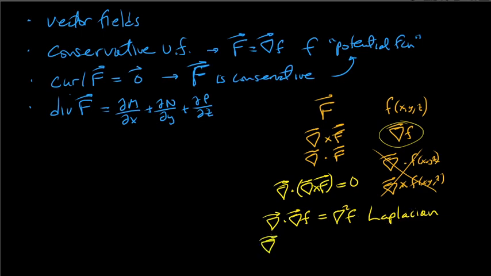You can also take the curl of the gradient of a scalar function. And as it turns out, that has to be the 0 vector. It's a vector field, but all 3 components are 0. You can actually prove that. Again, that's also looking at the second derivatives and seeing that the mixed partials are equal. I think that's what happens if you work that out. So because of that, the curl of the gradient is also 0.